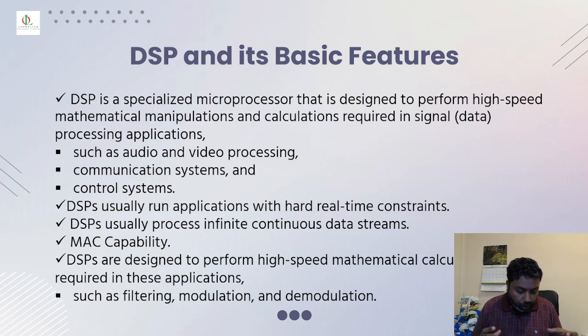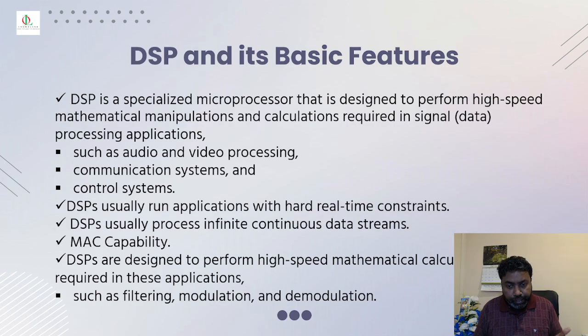So the DSPs are used to solve complex mathematical calculations where the floating point unit is the key. Floating point unit in the sense that when you check for image, audio and video, it is about the precision, so you can get into the precision of that. So that's where DSP is really cool to use.